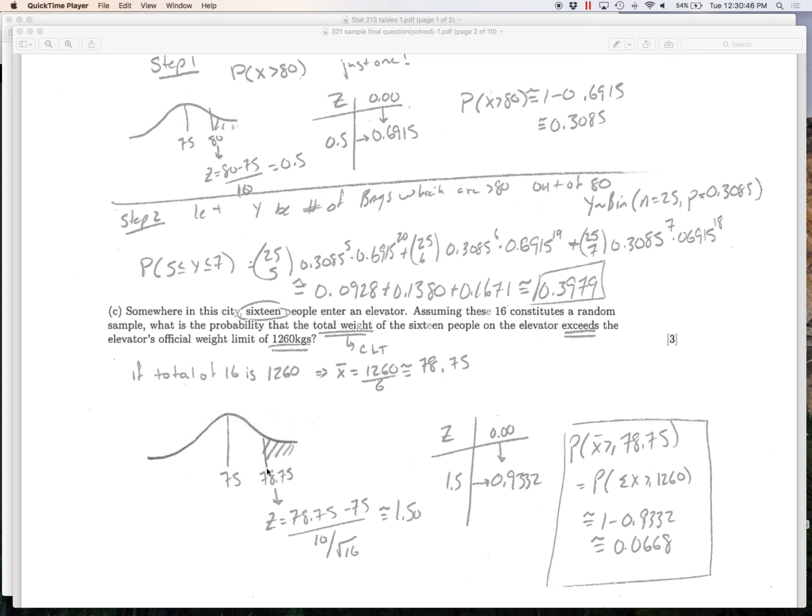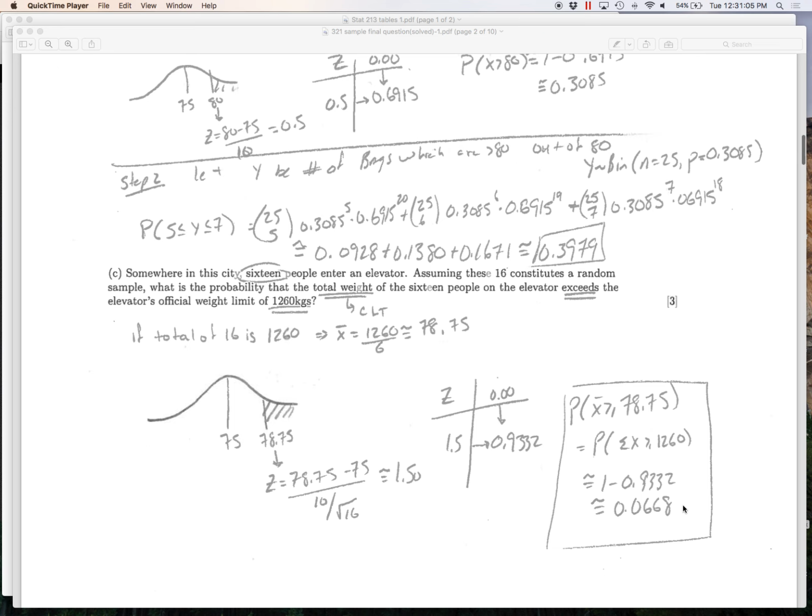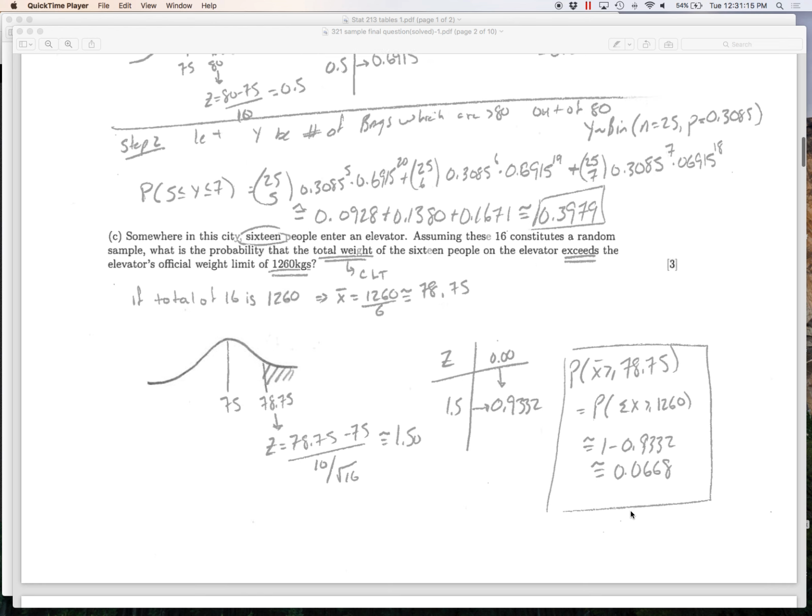So I can transform this 78.75, which is the average of 16 people, dividing this equally, and I'll find a z-score of 1.5. Look it up in the cumulative table. Here I want the tail area, so I need to make sure that I'm using the right area. And here then I find the probability that the sum of 16 people in an elevator exceeding the weight limit is about 7% chance that that happens.